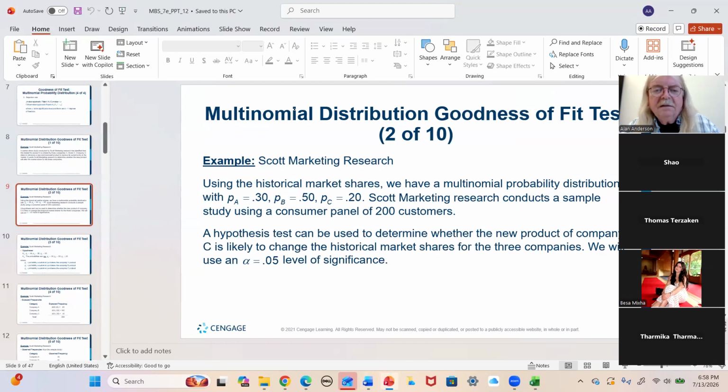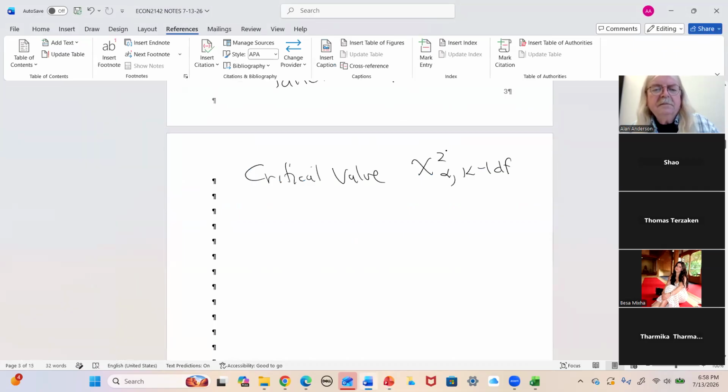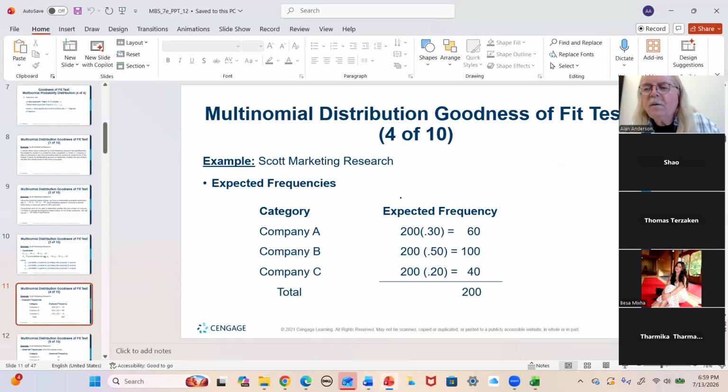The companies are A, B, and C. And these are the expected frequencies. This is what they currently have.